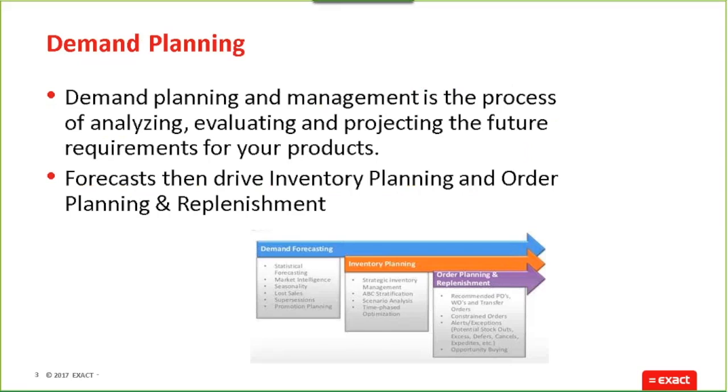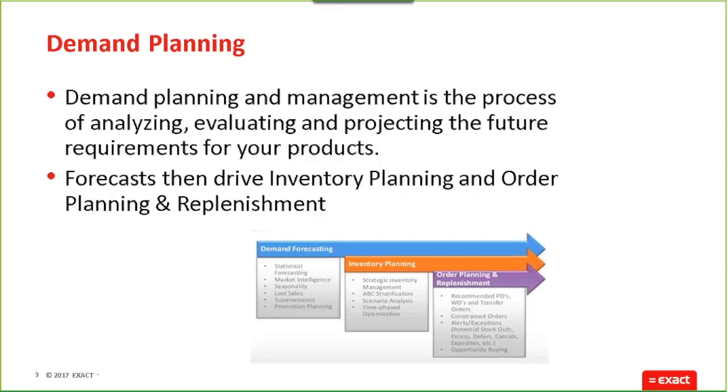Of course, the ability to do all of this starts with accurate demand planning and management. When this is done well, the organization can then integrate plans for finance, supply chain, and operations. Demand planning allows you to project future requirements so that a forecast can be generated.